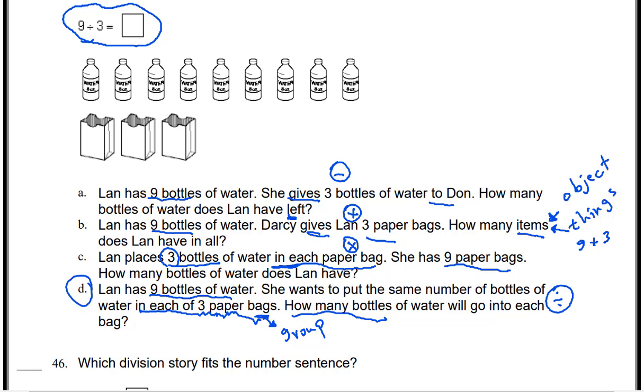Because, okay, Lana, the 9 bottles is the total, right? The total, right? Yeah. So the 9 is the total. And we have the number of groups, which is 3 groups, right? Yeah. Okay, I think this is the definition of division.